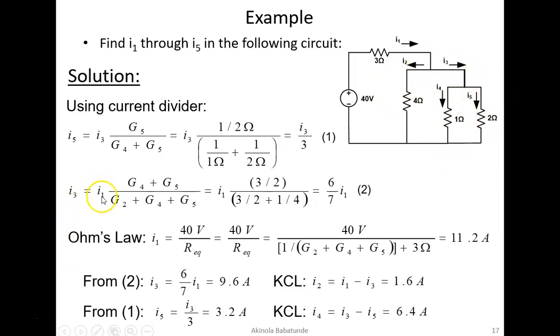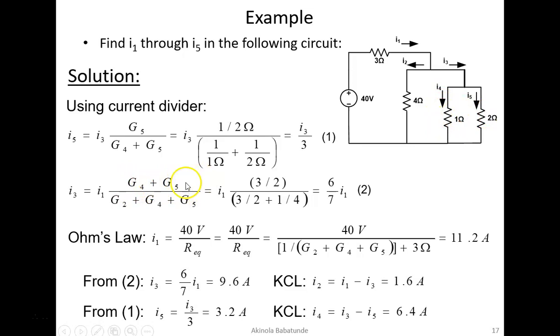So I3 will be equal to I1, the source, and we do know that the conductance of I3 is G3, and G3 is going to be equal to G4 plus G5. So instead of writing G3 here, you write G4 plus G5. This entire circuit represents G3 once you find the equivalent.